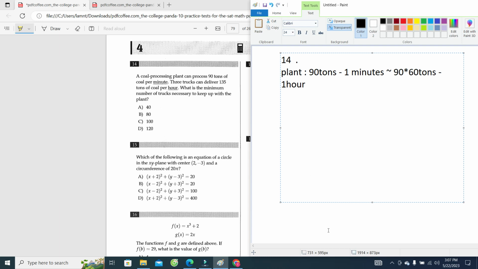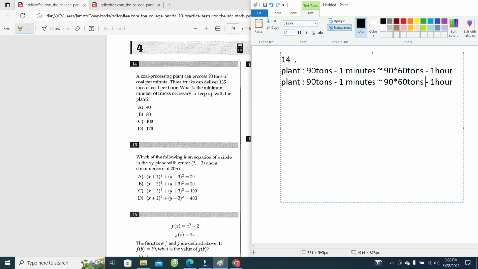Very straightforward. Let's calculate that. So this plant is actually 5,400 tons per hour. So we're gonna leave it as 5,400 tons per hour.